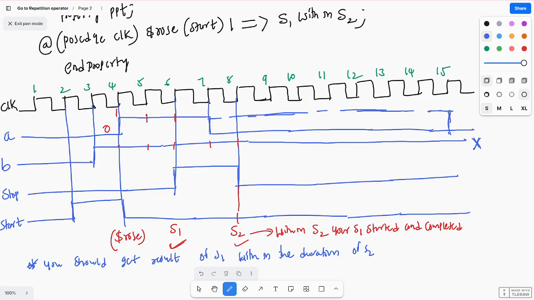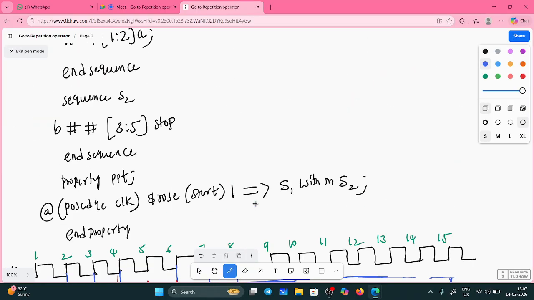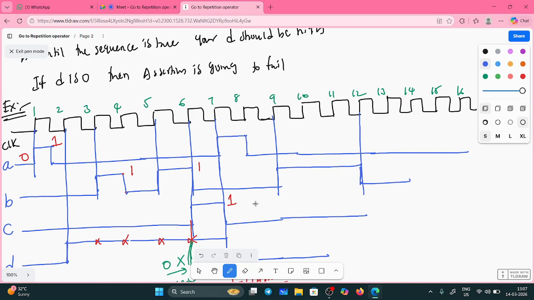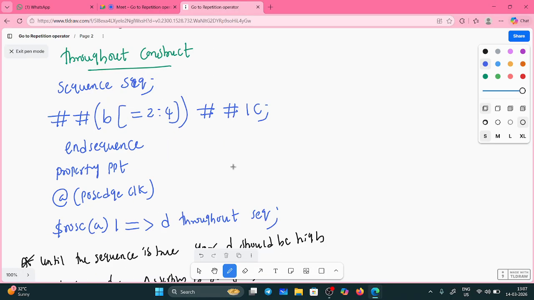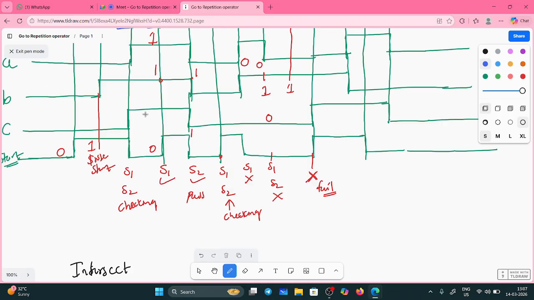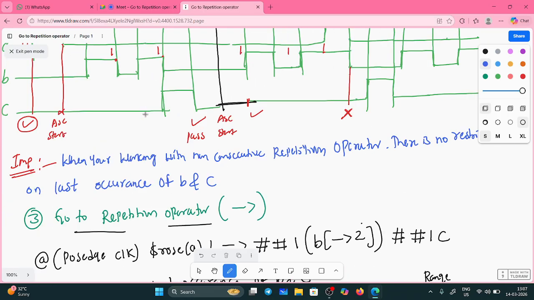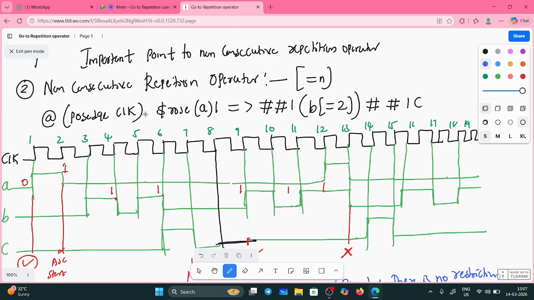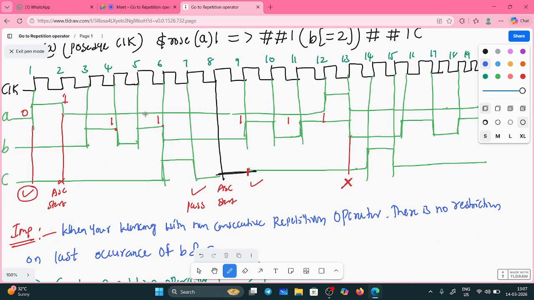This is the within constraint. Do you understand all these things? Any doubts or queries? So today we discussed the first important concept, the repetition operators.